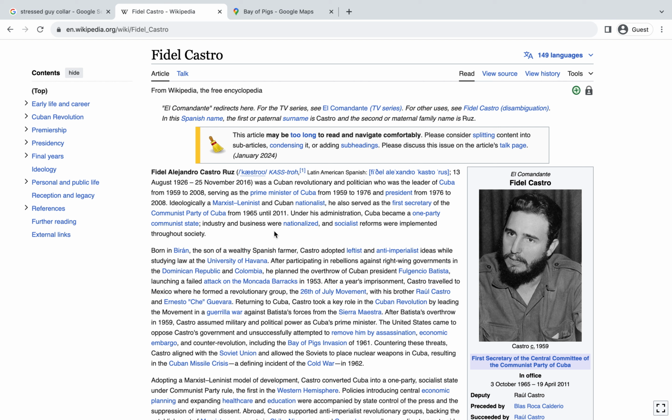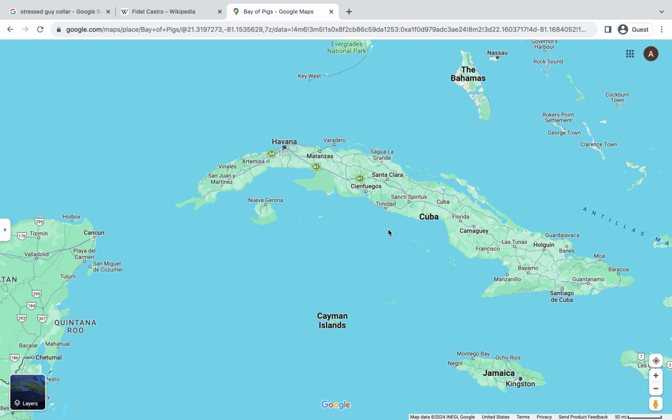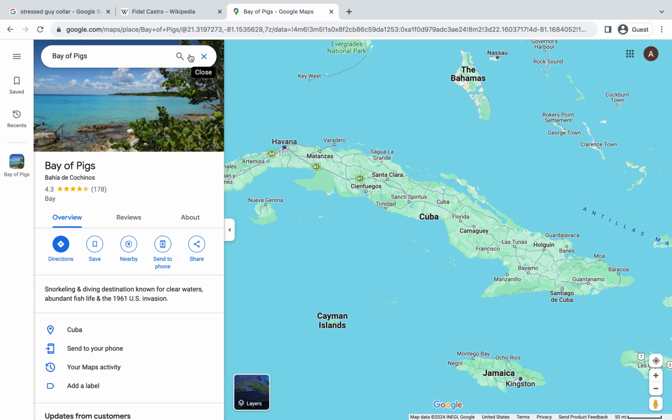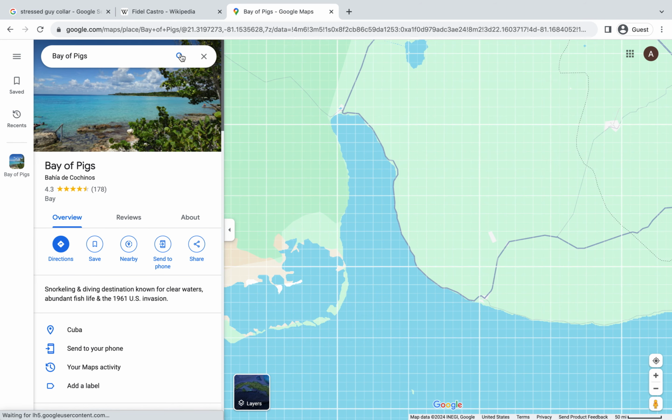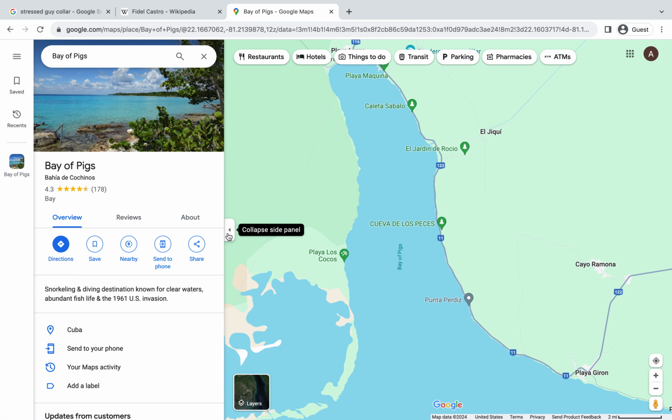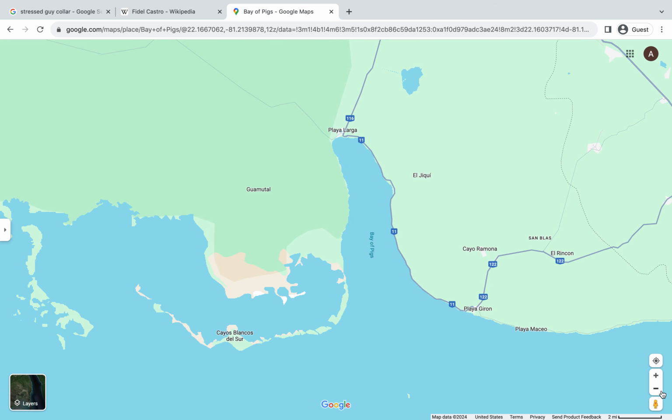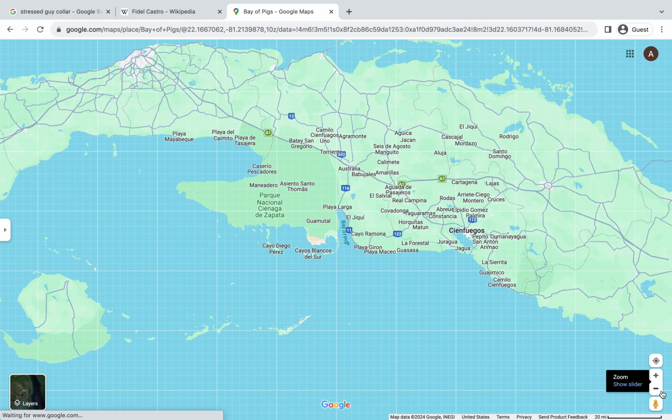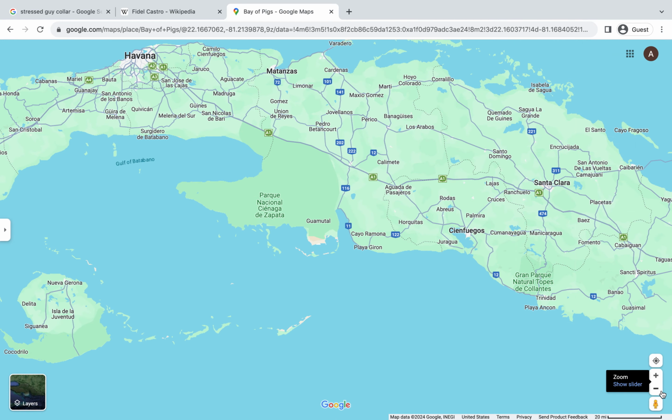They tried several different things, and one of them is what we call the Bay of Pigs invasion. This is where the Bay of Pigs is. Let's zoom in on that again. This is the Bay of Pigs. The United States trained people in Cuba that were against Castro to fight back, and the United States tried to help them.